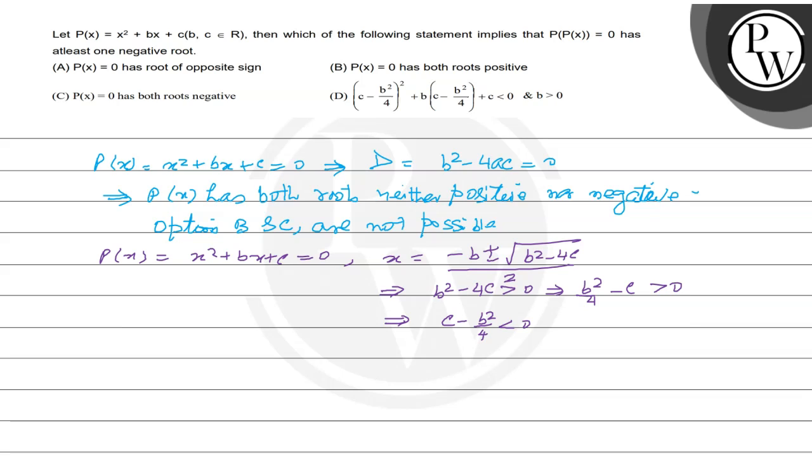B is greater than 0, so that is why it is written here. It will be less than 0 when c minus b square over 4. So now if I put x equal to c minus b square over 4, this will be one of the roots, assuming. Then x square plus bx plus c is less than 0.